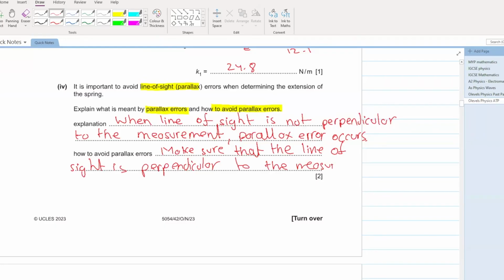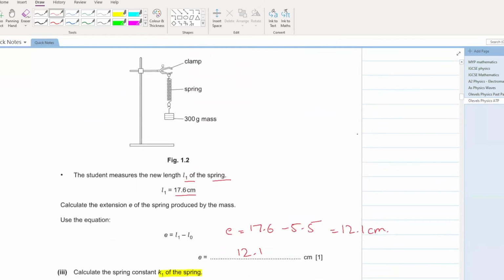One thing that I feel you can add here is how you will do this. You can mention that you will place a vertical meter rule here, and then make sure that your line of sight is perpendicular to the meter rule. Maybe an eye like this.